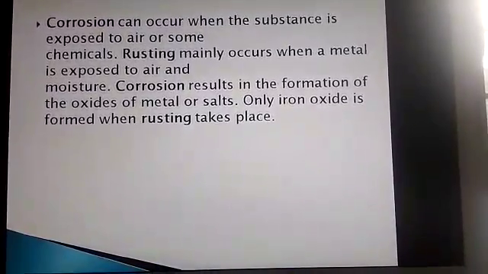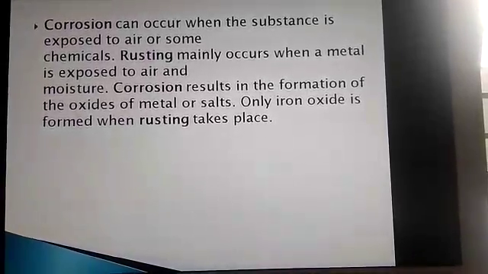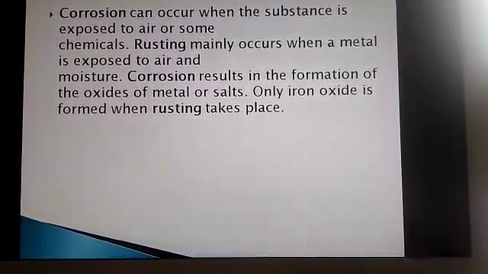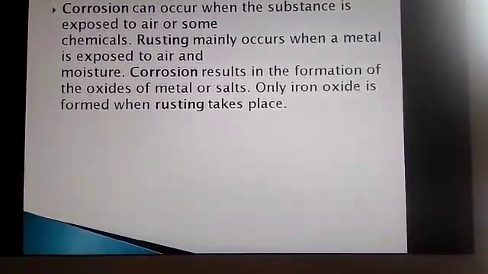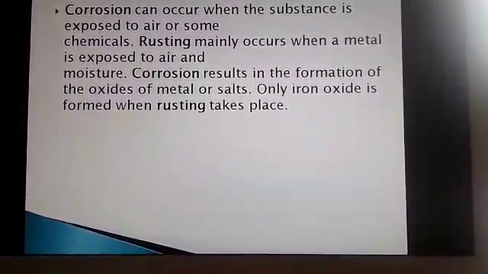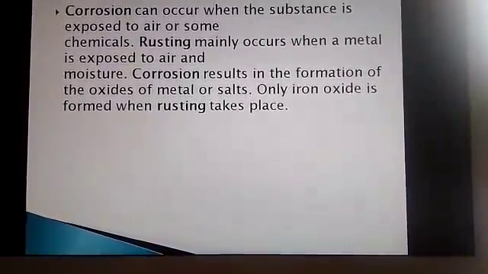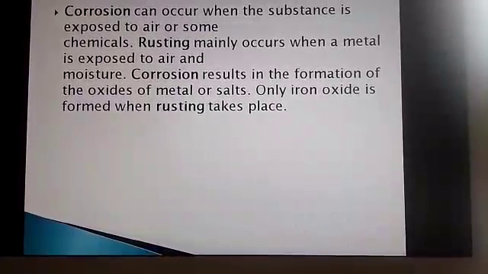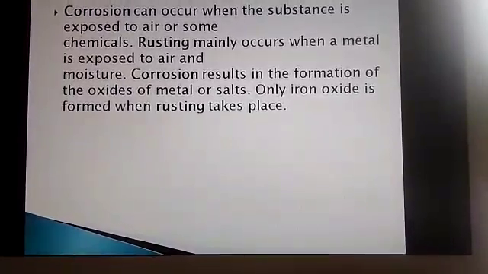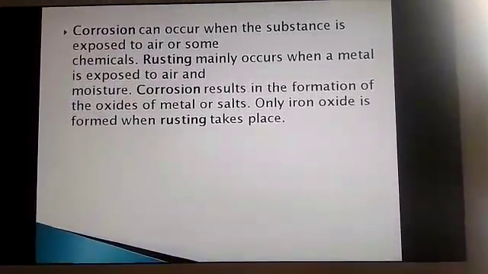Even if you observe the holders on top of your kitchen gas stove, they are also rusted. Why? When iron is exposed to air, it combines with oxygen and forms iron oxide, and that comes off like flakes that you might have observed.